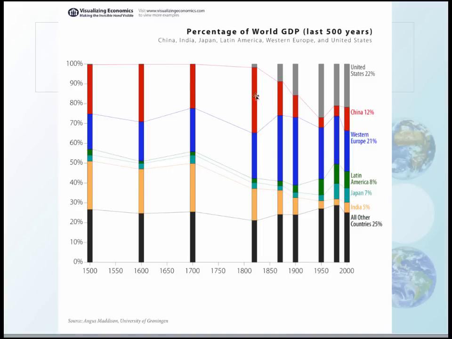What might jump out at you here is the arrival of the United States on the global scene. And we can see here, especially peaking right after World War II, the United States becoming a major economic power in the world. And what we see since 1980 is the share of global GDP spreading somewhat to other countries, most notably China.